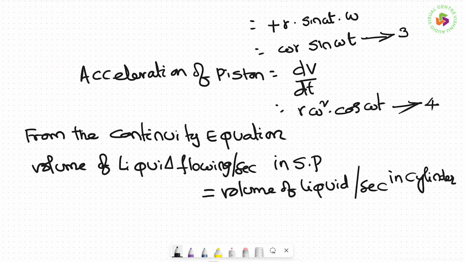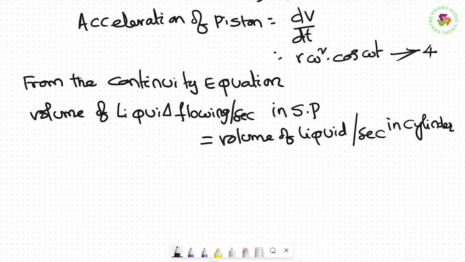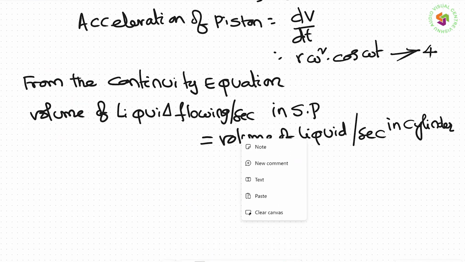Whatever the volume that comes out from the suction pipe has to occupy the cylinder. So how I will get volume of liquid per second means discharge. How I get actually the discharge?